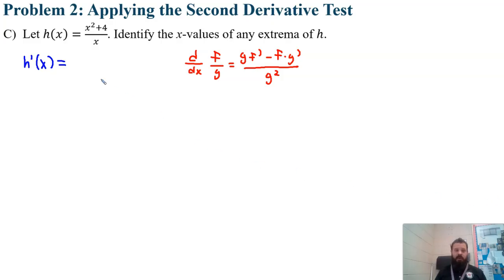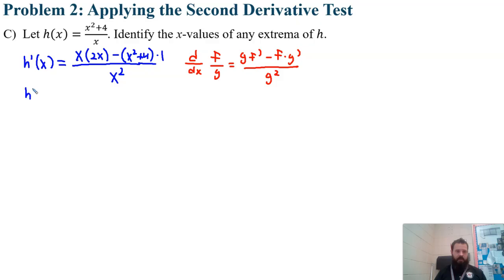So that's what we're dealing with here. So, the denominator on top, x, times the derivative of my numerator, the derivative of x squared plus 4, which is just 2x, minus the numerator, x squared plus 4, times the derivative of my denominator, which is just 1, all over x squared.